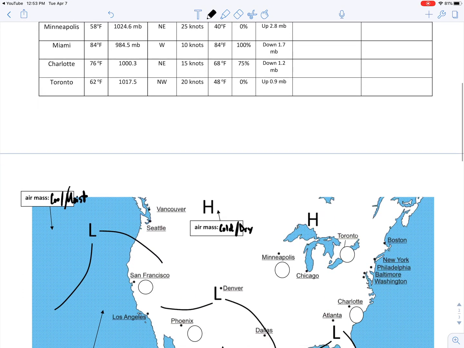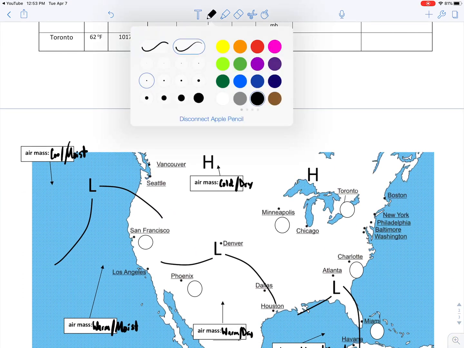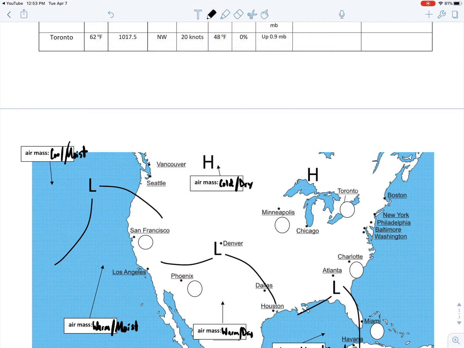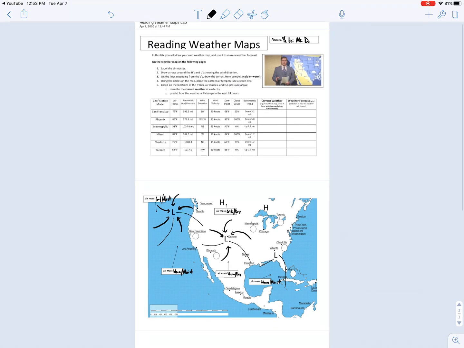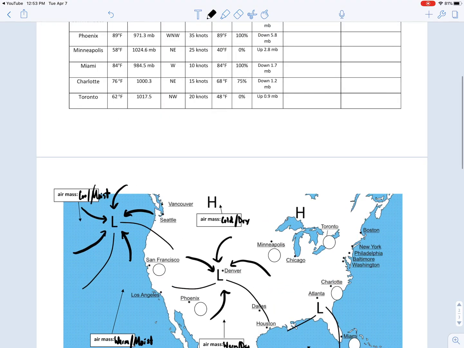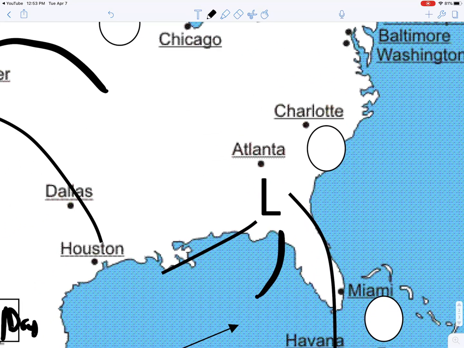Let's draw arrows around the highs and lows showing wind direction. Now, this is interesting. We learned this last time. I might make my line a little smaller here. But our wind direction, we know around a low pressure system, we know the wind is going to be swirling counterclockwise and inward. And you can kind of almost see the way those lines we're going to use for fronts in a minute, they're drawn kind of along the same shape, so our low pressure systems should look like this, with winds flowing inward and counterclockwise.